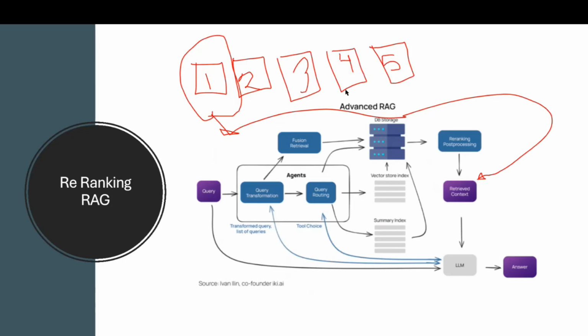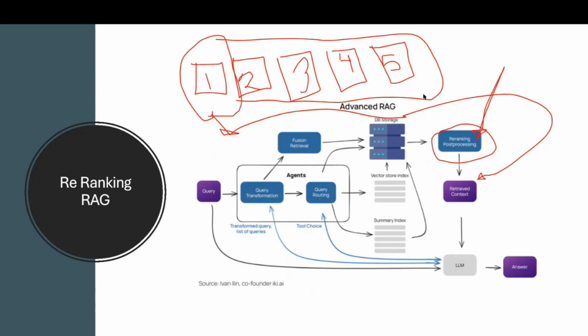Okay, but in this case we are using the re-ranking post processing. So what will happen, it will again re-evaluate all of the 5 with my query, and then it will re-rank them. For example, earlier we used cosine similarity, but here in re-ranking processing they are using many similarity functions.